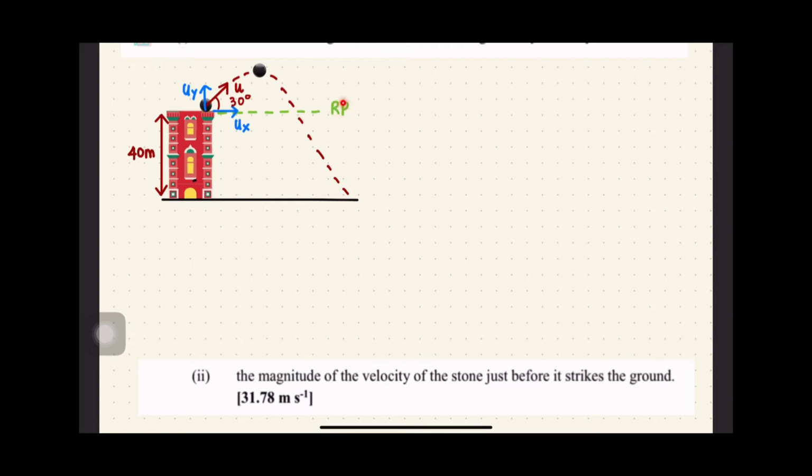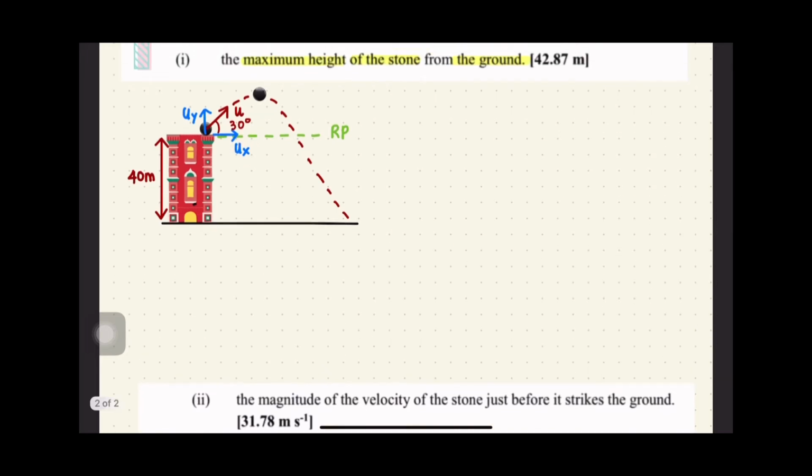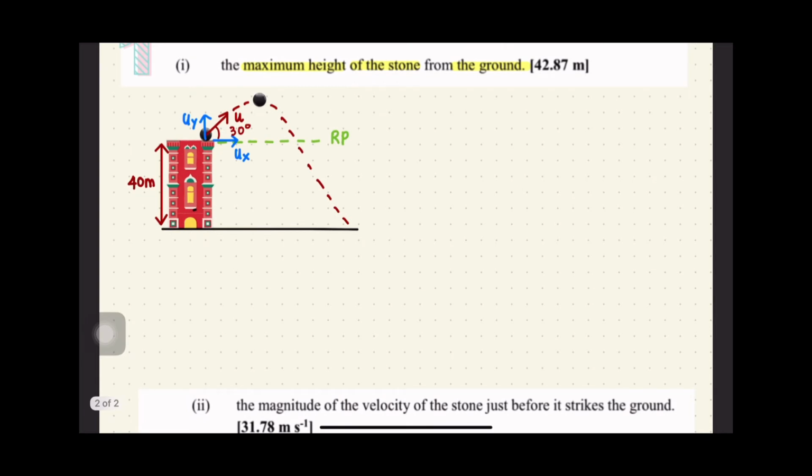Okay, reference point ni you kena lukis, kena tulis sebab kita nak tahu arah dia pergi mana untuk displacement. Okay, so U here is 15 meter per second, and then we can resolve it into two components, which are component Y and component X, depending on what the question asks you to determine. So first is maximum height of the stone. The hint at the maximum height is Vy is equal to 0.